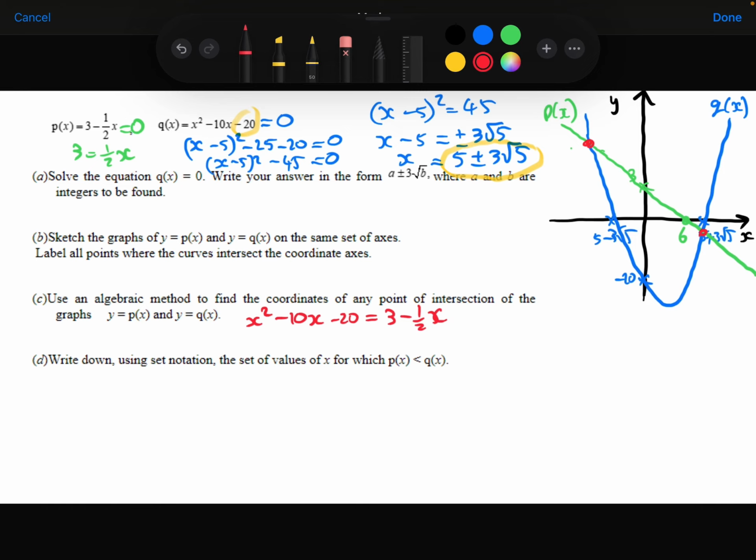So we will add the half x to both sides. So minus 10x plus 1 half x is minus 9.5x, or minus 19 over 2 x. The minus 20 minus the 3 is minus 23.